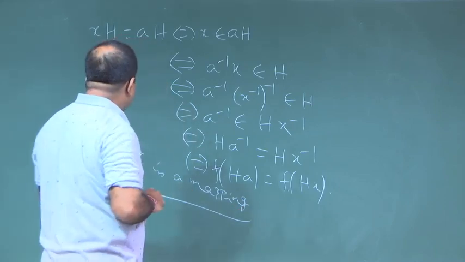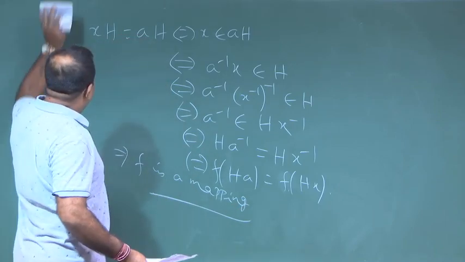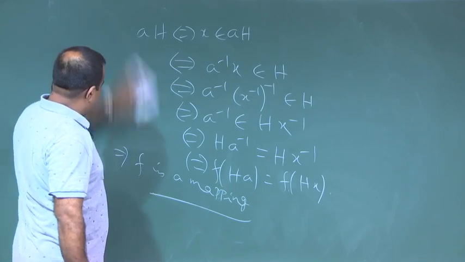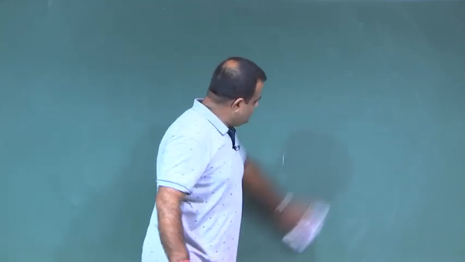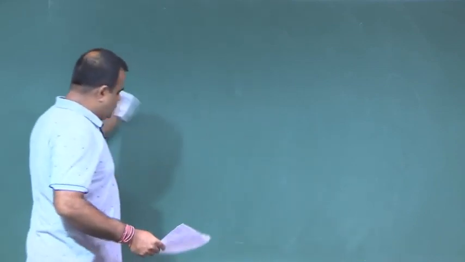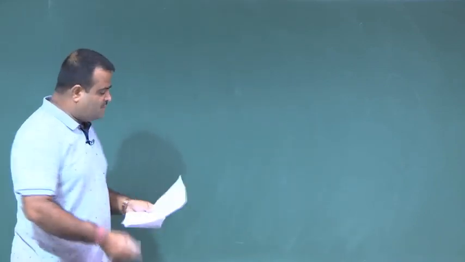So, now we have to prove that this F is bijective, then we are done. Okay, now how to show F is bijective?